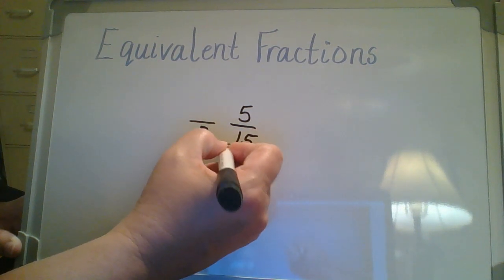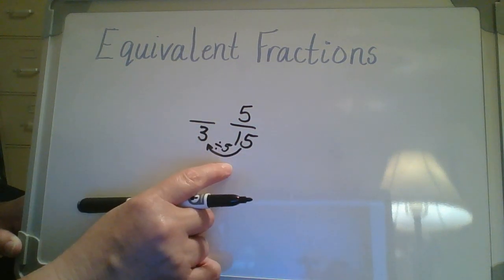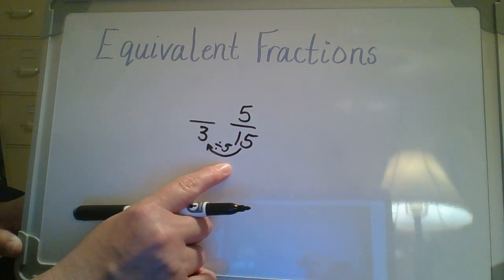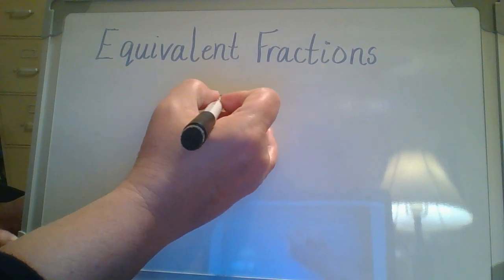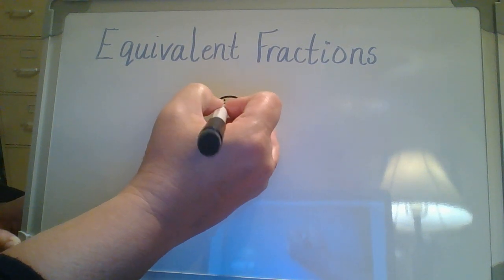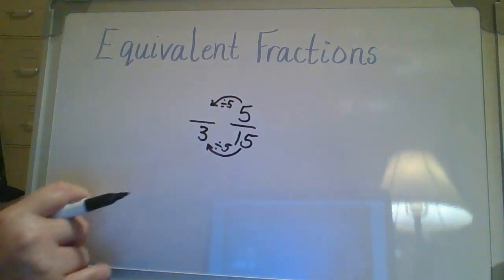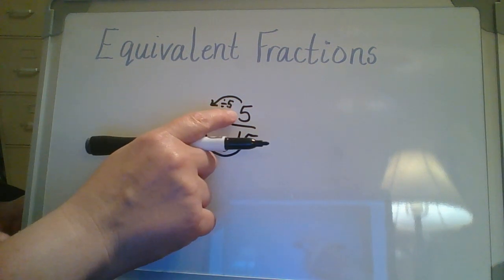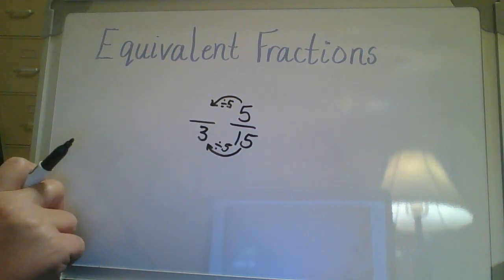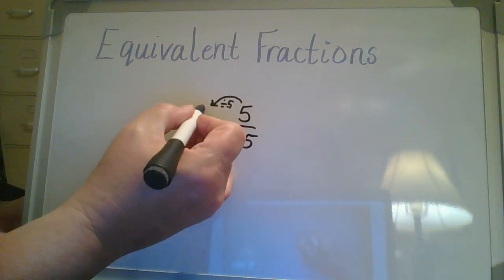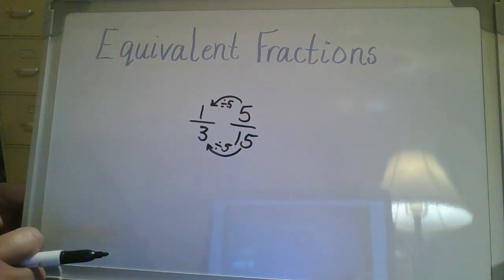Excellent, 5. Well, what I do to the denominator, I must do to my numerator. So I can divide 5 divided by 5 is equal to 1. There you go.